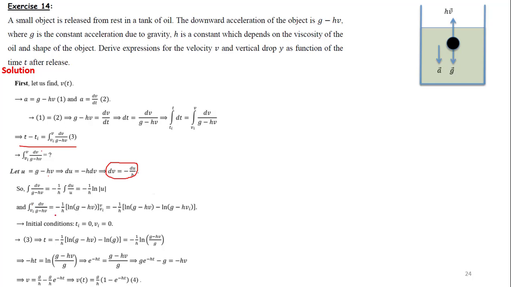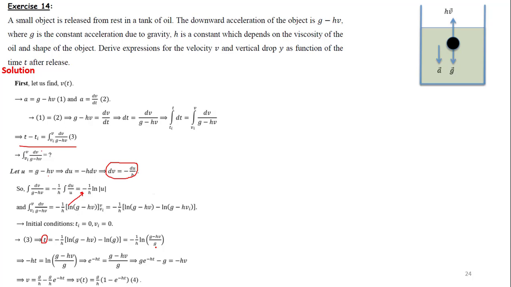So this will be equal to minus 1 over h, as you have seen here, ln of u, and we can replace u with g minus hv, and we shouldn't forget the boundaries vi and v. Okay, so first we replace v with v, and then we replace v with v initial, and you can obtain t.